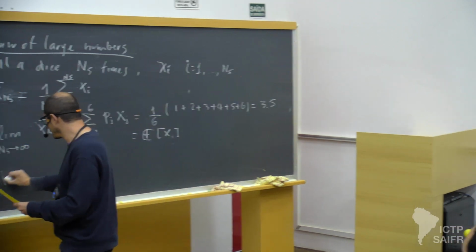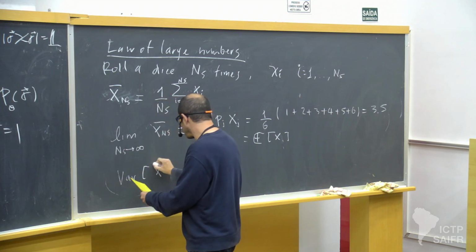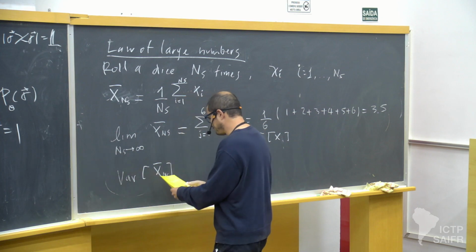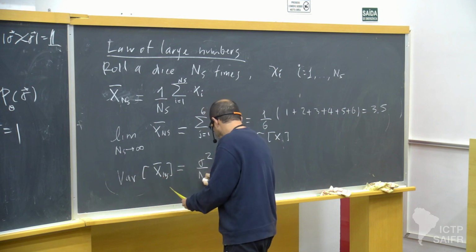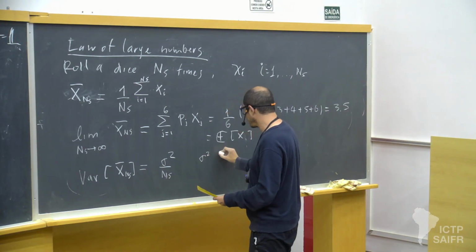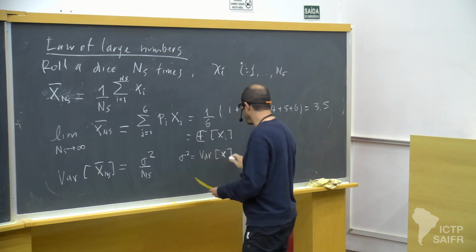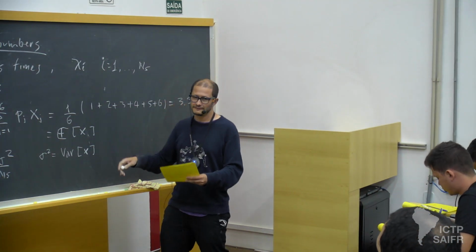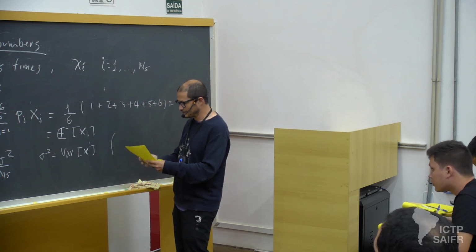So the variance of x̄ is basically sigma squared over n, where this is the variance of each individual trial, okay? So this is roughly, of course there were some assumptions here, let me write it down.